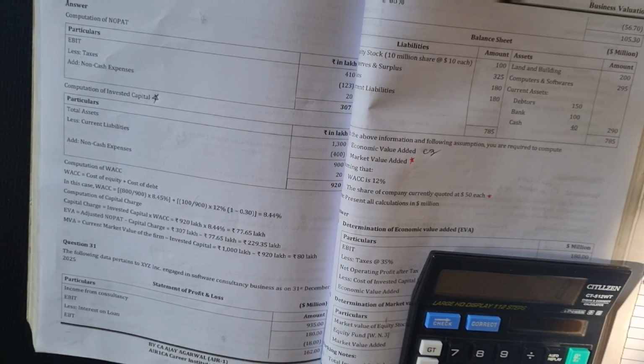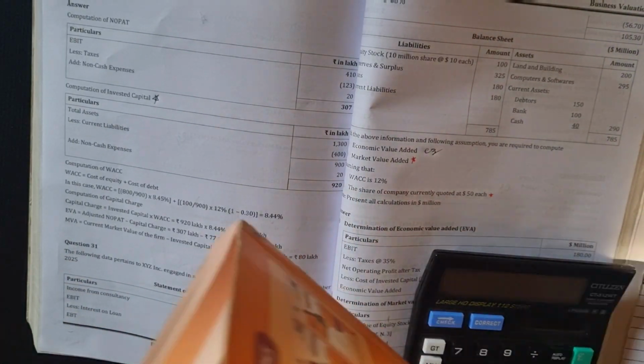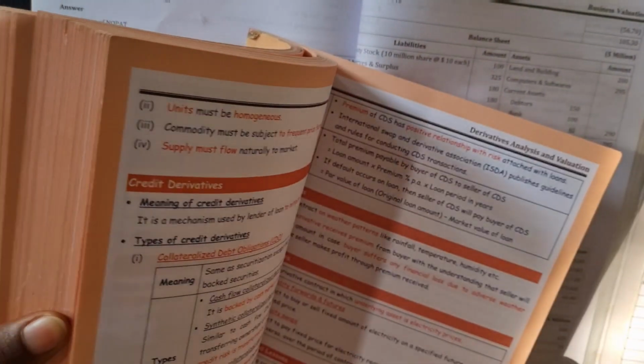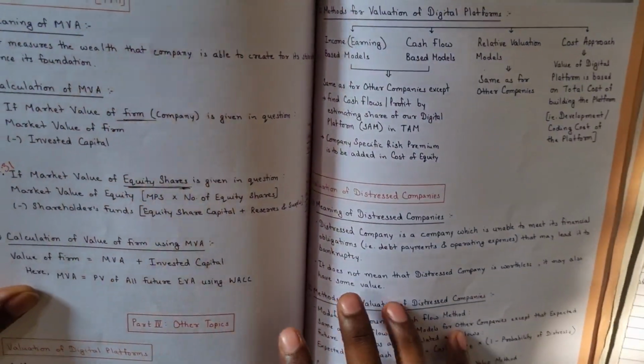Now here is the catch. They have asked us the share of the company is currently trading. They have given just the share value, not the market value of the company. So should we deduct loans there? No, we cannot deduct loans there.